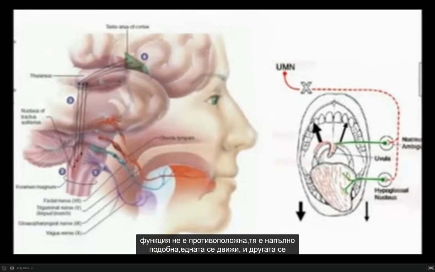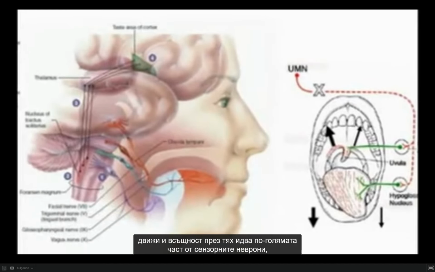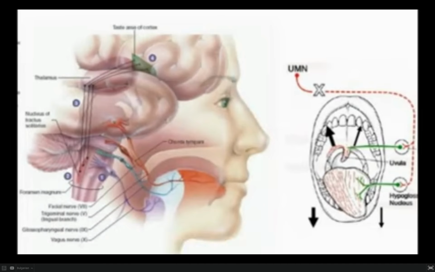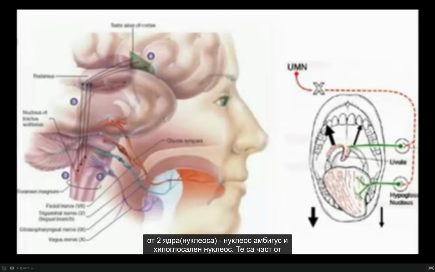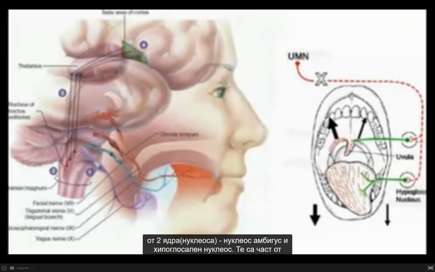One is moving and the other one is moving, and actually through them comes most of the sensory neurons from two nuclei, the nucleus ambiguus and the hypoglossal nucleus. They are part of the glossopharyngeal nerve. And as you see, this is the sensory nucleus. With the tongue and the small tongue, you accept information, sensory, from the environment.